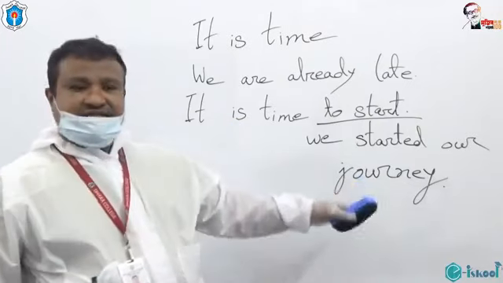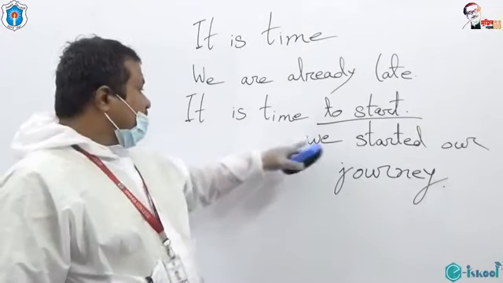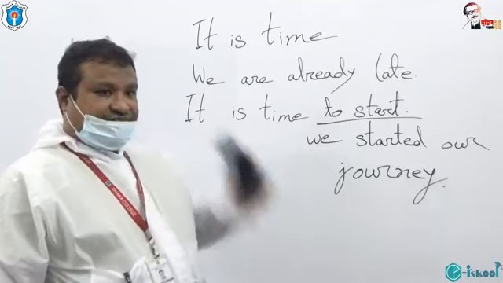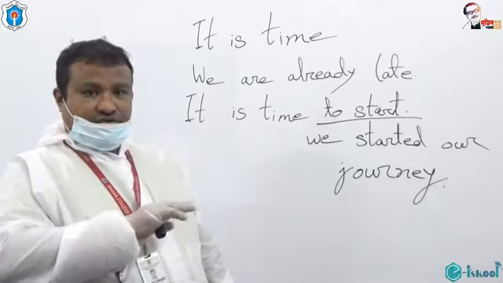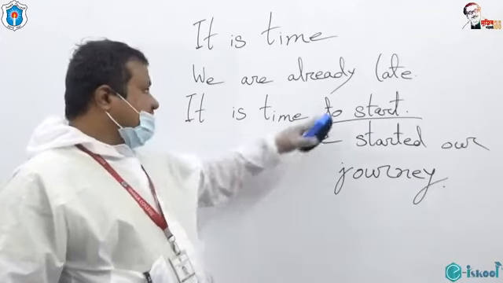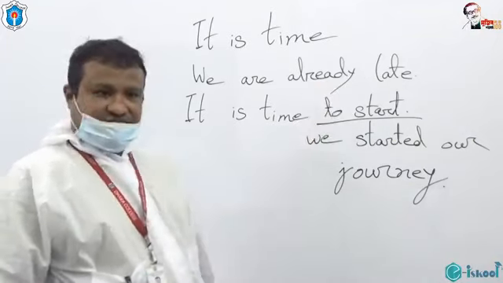It is time we started our journey, because we have a subject after this phrase it is time. But if we have no subject, then it is time to plus the main verb.